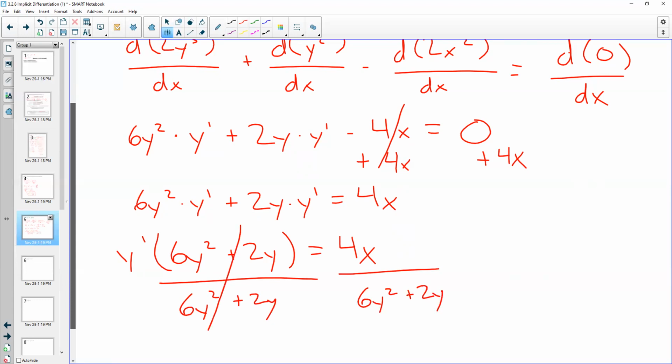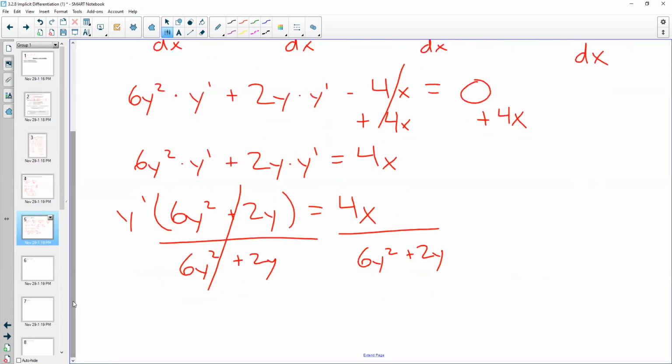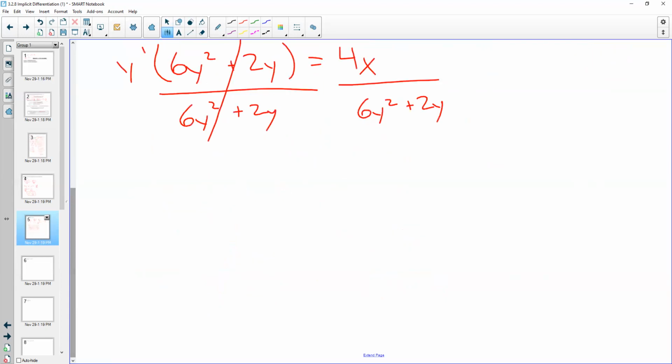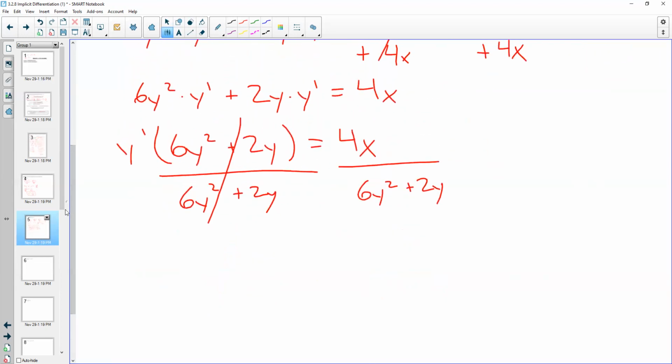Those will cancel, and then we will be left with y prime all by itself, which is equal to 4x divided by 6y squared plus 2y.